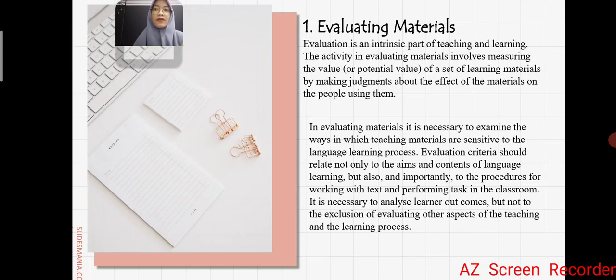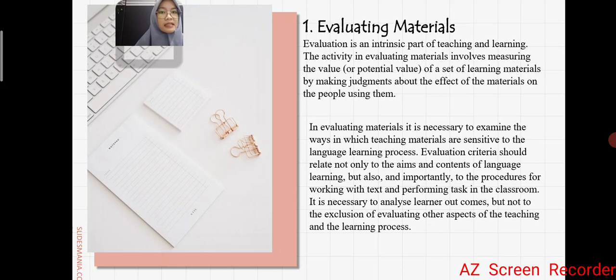In evaluating materials, it is necessary to examine the ways in which teaching materials are sensitive to the language learning process. Evaluation criteria should relate not only to the aims and contents of language learning, but also, and importantly, to the procedures for working with text and performing tasks in the classroom.